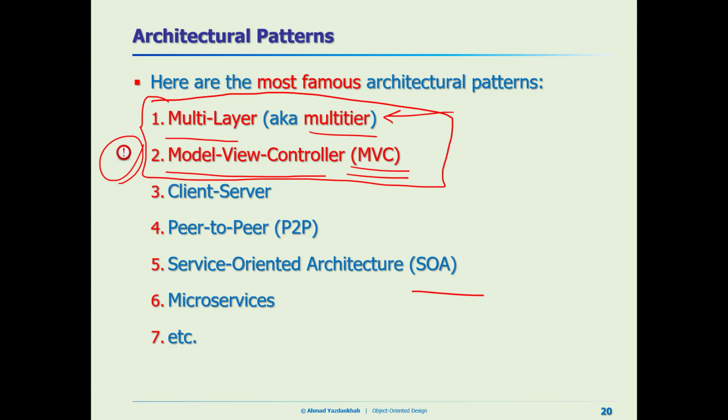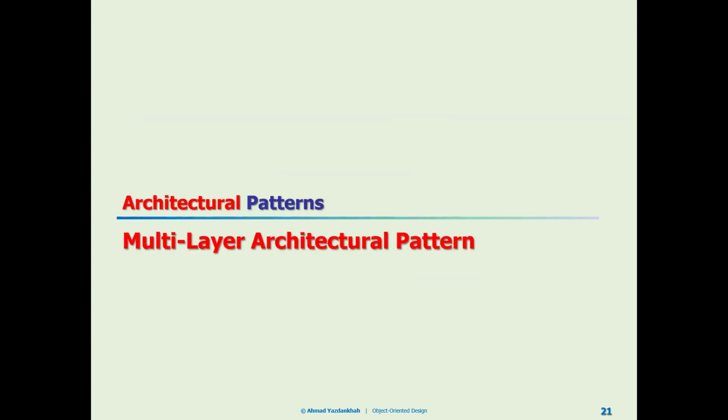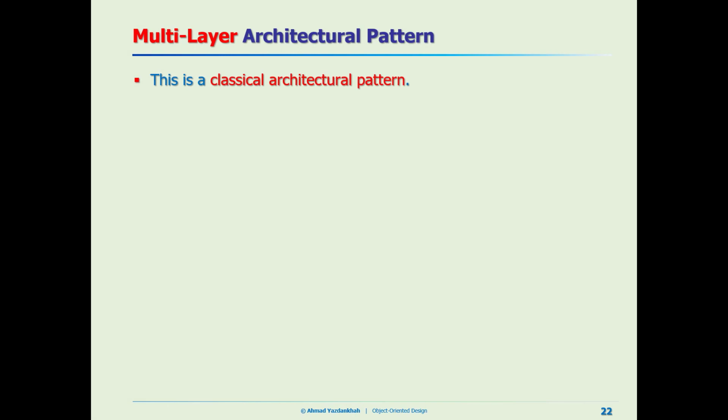Now let's start with the first one, multi-layer or multi-tier. What is the multi-layer architectural pattern? This is a classical architectural pattern, and it has been used for many, many years, right?